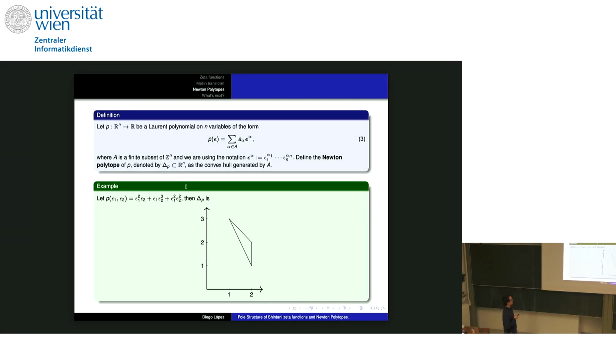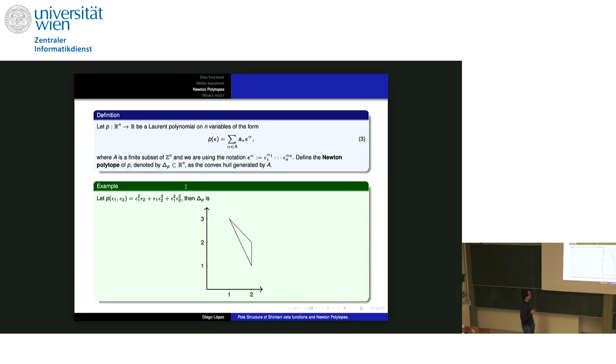Given a Laurent polynomial, sorry for the terrible French pronunciation, of this type, where A is a finite subset of Z^n, see that we allow here alpha to have negative integers, so we can have negative powers. Then the Newton polytope of this polynomial is just the convex hull generated by the exponents.